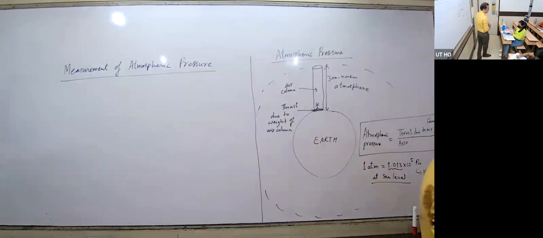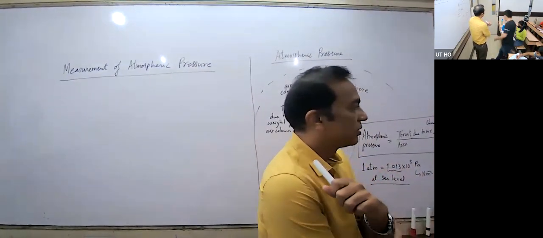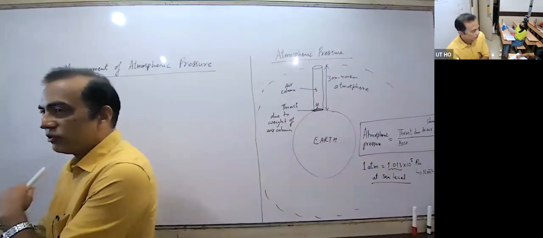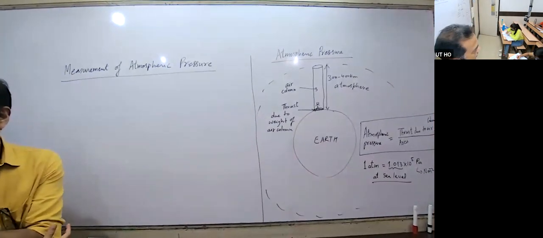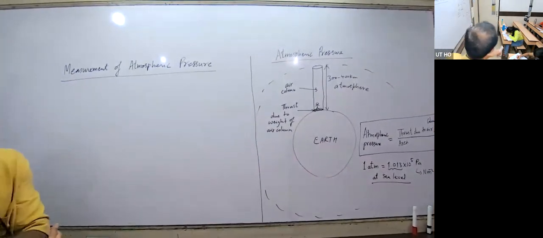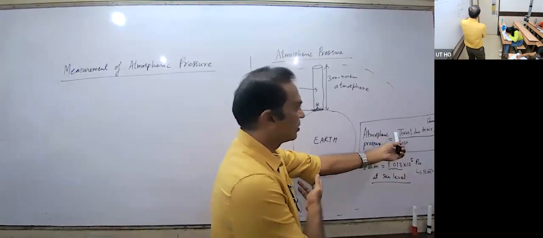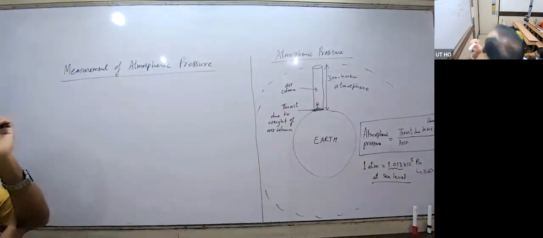Everybody is now familiar with the definition of atmospheric pressure, right? It's simple. It's just the definition of pressure: thrust upon area. But here the thrust is due to the air column. That's the only difference.